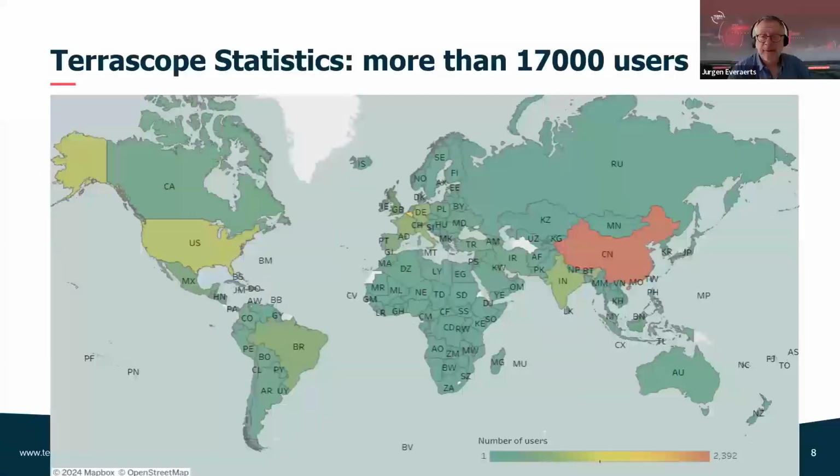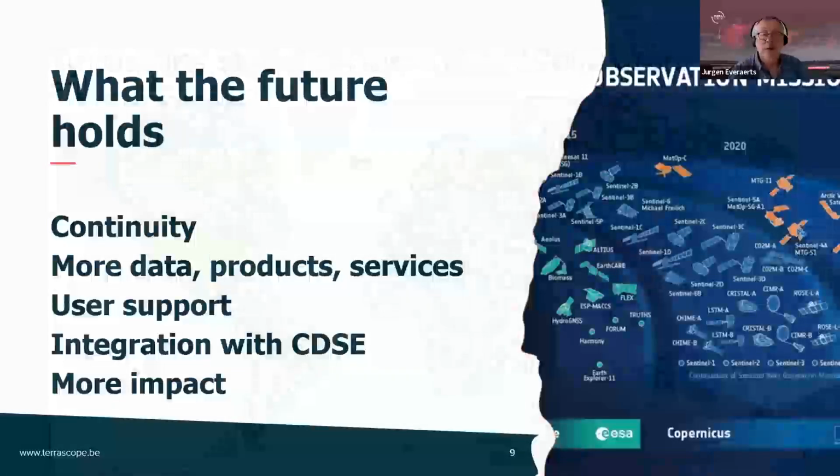And we see that almost every country in the world has at least one representative working with Terrascope, and some countries are very prominent, as you can see. Now, what are we going to do in the future? Of course, we will offer continuity so that everybody currently relying on Terrascope can certainly keep on doing that for the next 5 years to come.